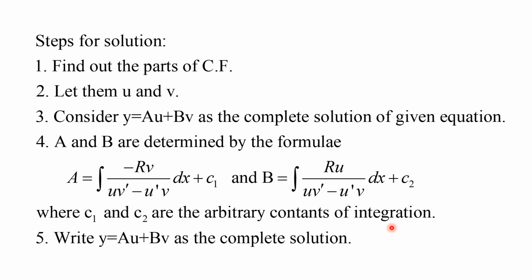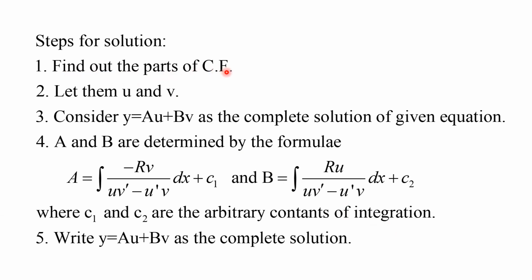We have to follow the following steps to find the solution of second order differential equation with variable coefficient by using the method of variation of parameters. So first step is we have to find the parts of complementary function.